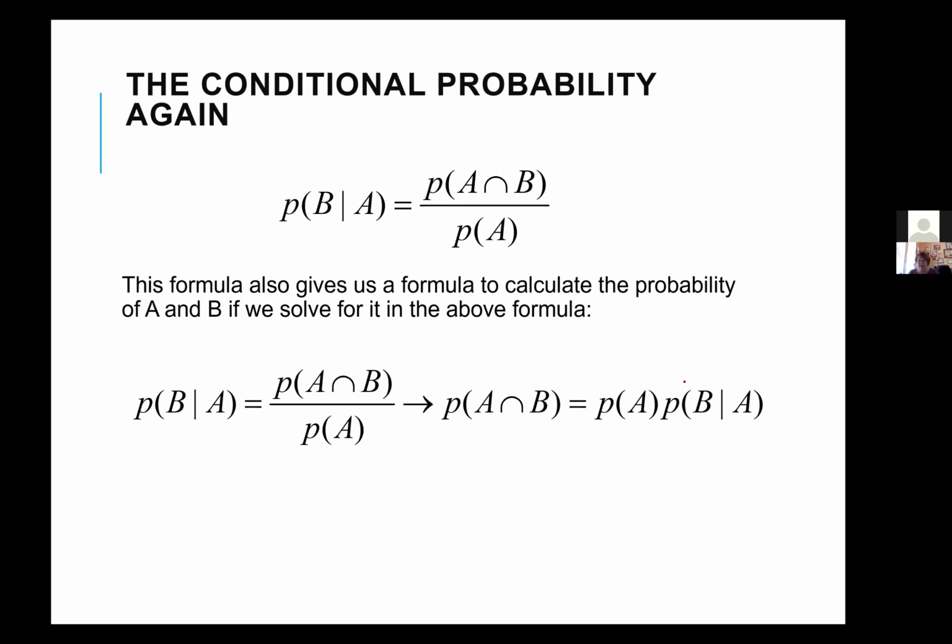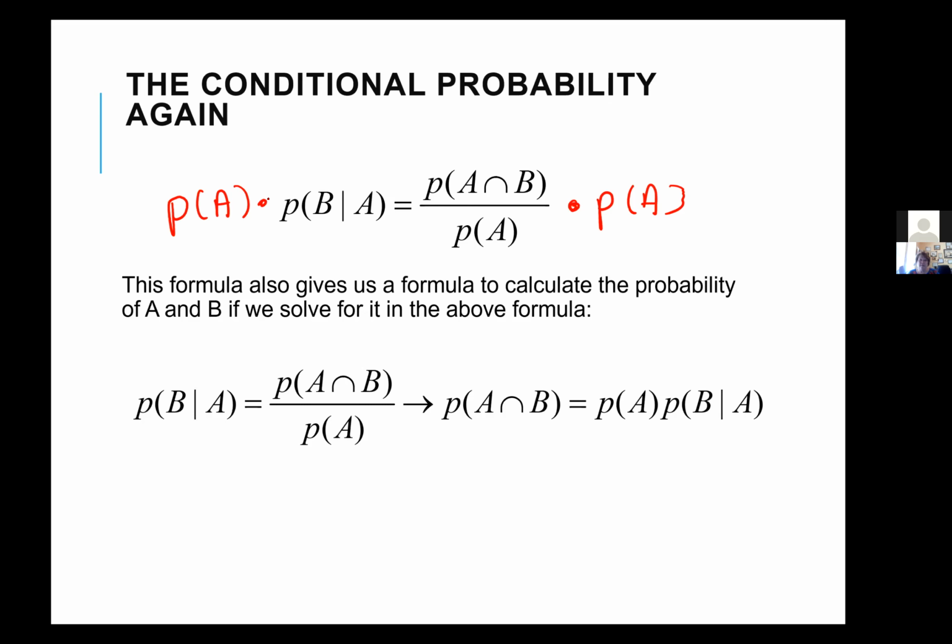And we can take this Bayes theorem formula, and if we multiply both sides of this formula by the probability of A occurring, then we get a formula for the probability of A and B occurring at the same time.